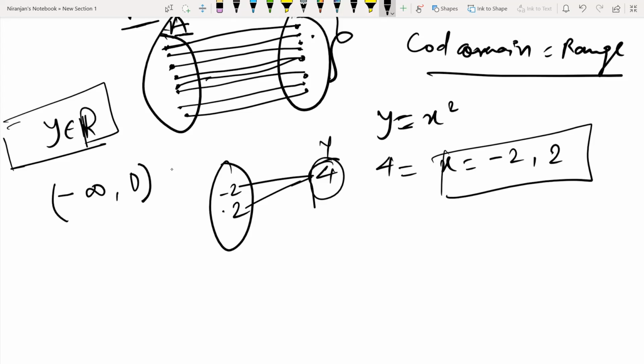Yeah, you got it. Okay, so codomain is not equal to range. That's what I meant. So I'm saying that minus infinity to zero is still in your codomain, but it is not in the range.